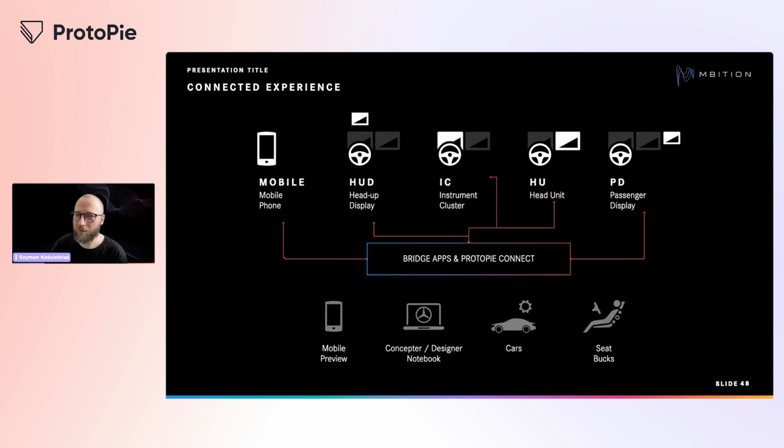Unfortunately, we can go only very high level here, but I can only recommend to explore this huge world of possibilities whenever you have ProtoPie Connect, whenever you find time to use it, play around. You can build your own bridge apps, as mentioned, like we have our own tool chain that is communicating with ProtoPie Connect. Just explore it.